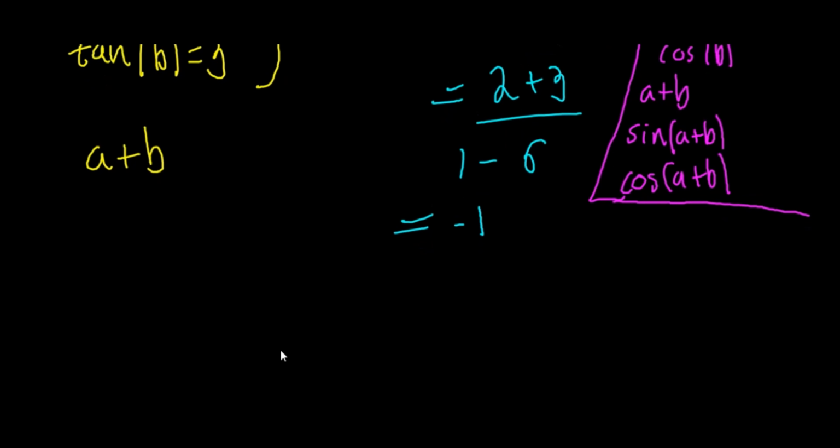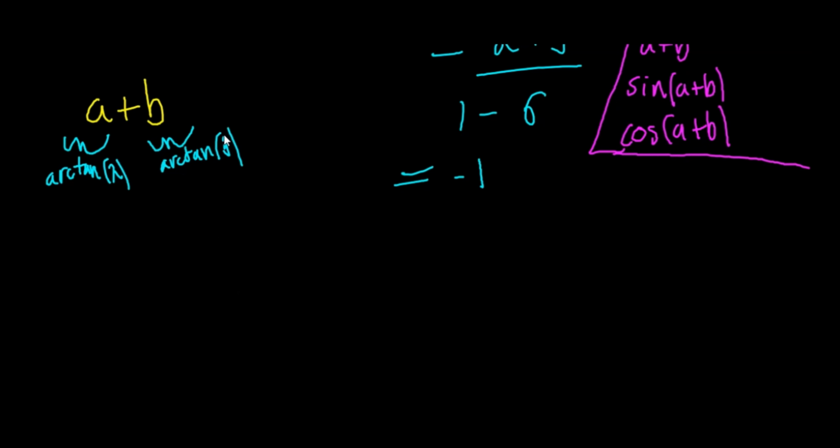And moreover, we know based off of the range of the arctangent function. Remember, A is the arctangent of 2, B is the arctangent of 3. We know that A and B must lie in between negative pi over 2 and pi over 2, because that's the range of the arctangent function.